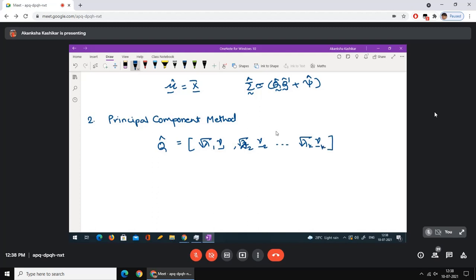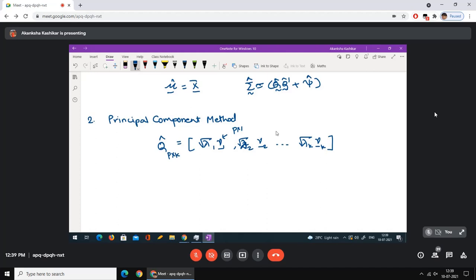So what I have done: I need my Q matrix to have order p cross k. I know each eigenvector is of order p cross 1. So I take root lambda 1 into nu 1 as my first column of Q, root lambda 2 into nu 2 as my second column of Q, and root lambda k nu k as my kth column.